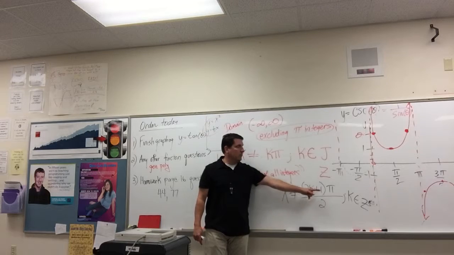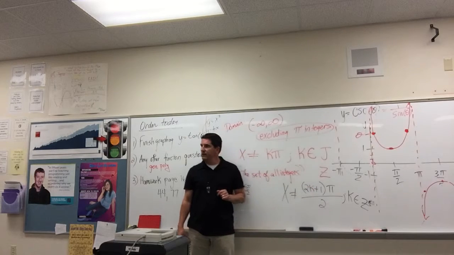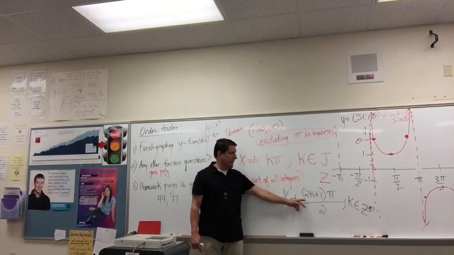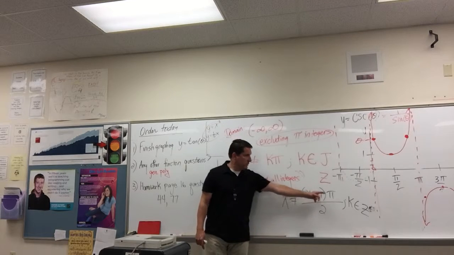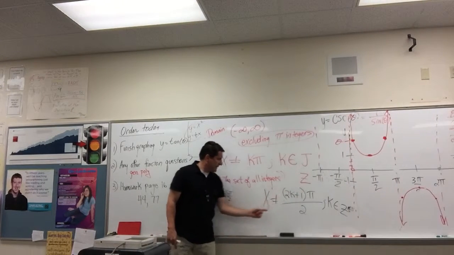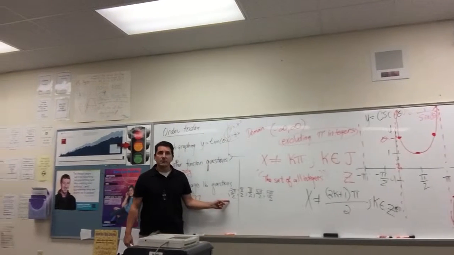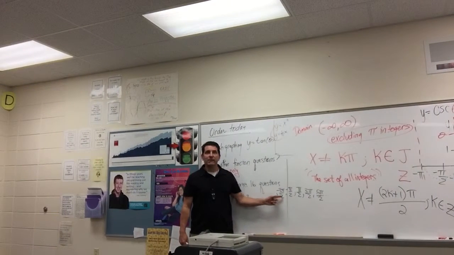Multiply by 2, add 1, you always get an odd. This is how you get every single possible odd number. Then you multiply it by pi over 2, and that's how you get this goofy list of numbers without having to write them all out. That make sense?